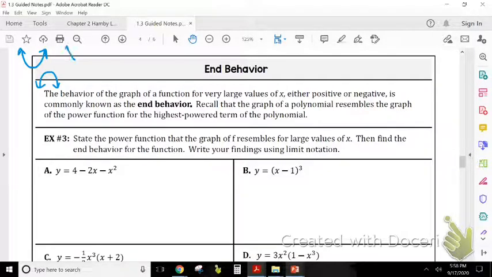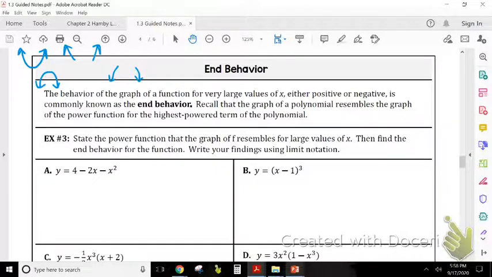So if I have x to the fourth, it's going to have that end behavior. We don't know what's happening in the middle, but we know the end behavior is going to be doing the same as x squared because it's an even function. It's got that even exponent. And if we had negative x to the sixth, we don't know what's happening in the middle, but because it's negative and even, it's going to do the same thing as a negative x squared.